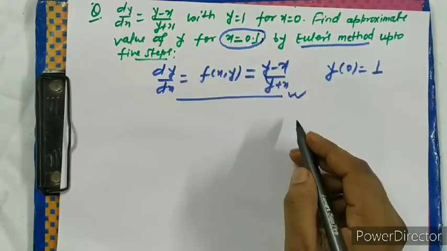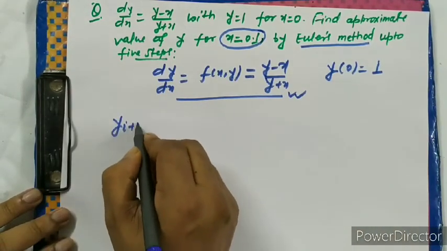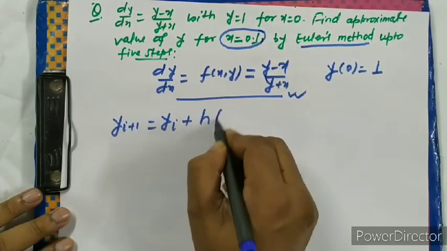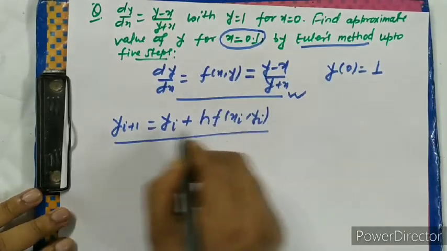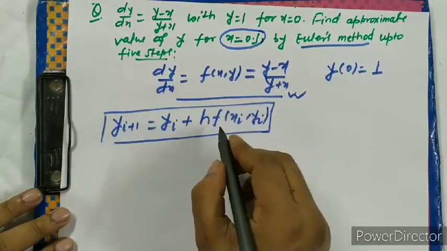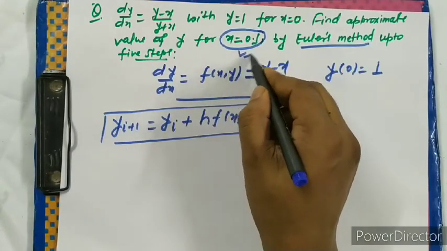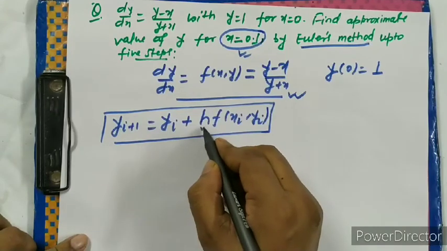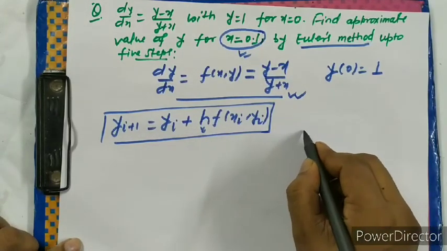So कैसे करेंगे? फॉर्मूला क्या है हमारे पास? yi plus 1 is equal to yi plus h f(xi, yi). This is the formula we have to use to find the solution of the differential equation at the given point x is equal to 0.1. So we have to find the value of h. What should be the value of h?